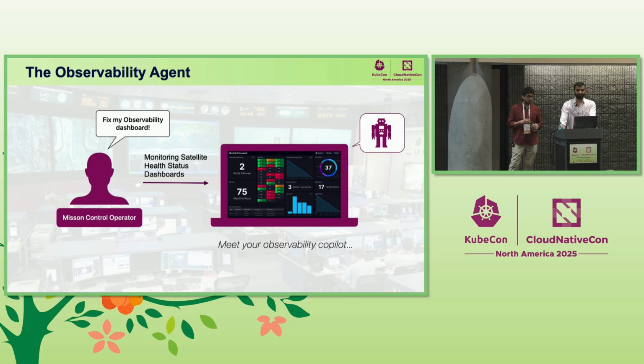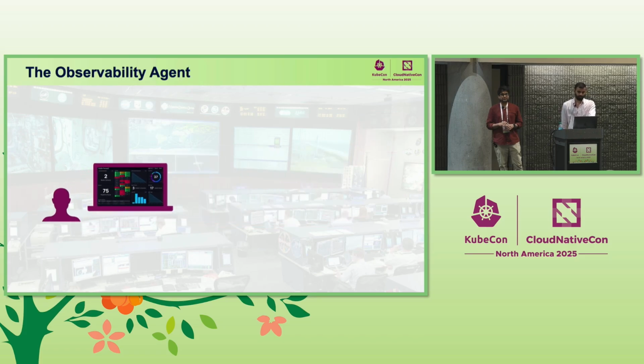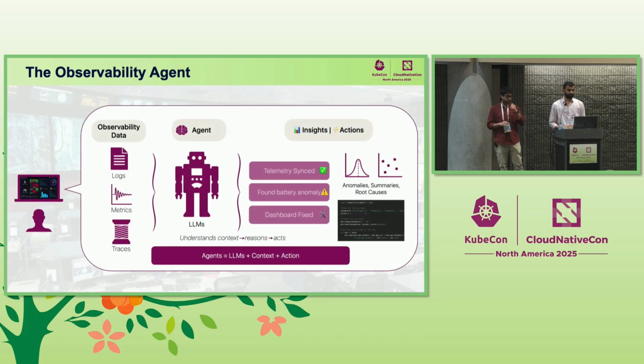So how do we make that vision real? Ideally, we want an observability agent that acts as a co-pilot and can do the investigation, the manual work, and the fixes for us. And today, we can do some of that. Now, let's look under the hood of how we can use this observability agent today.